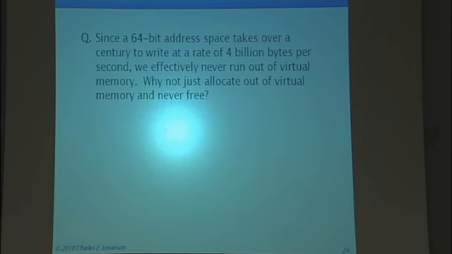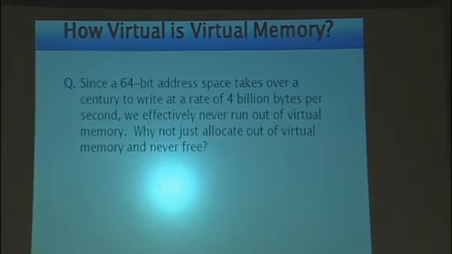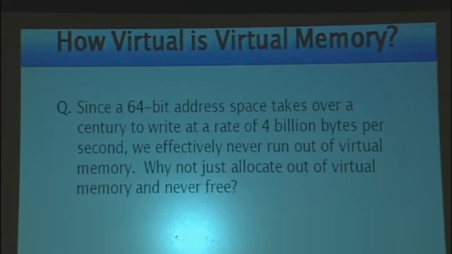Now, here's a good mind question, which I think gets directly to your point. Think about this. We have a 64-bit address space. If I try to write at the rate of 4 billion bytes per second, that's pretty fast, because that's the speed at which the registers get written, not the speed that memory gets written.